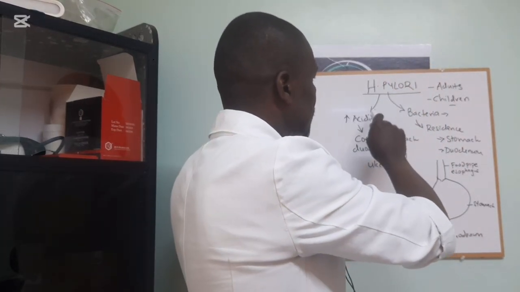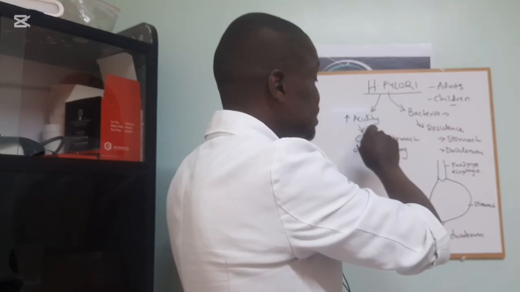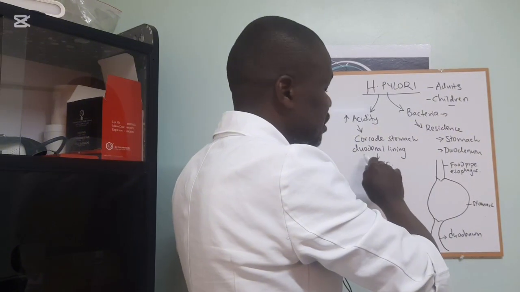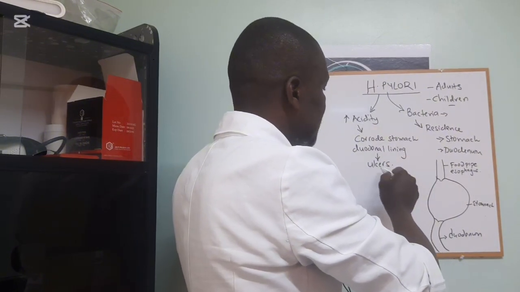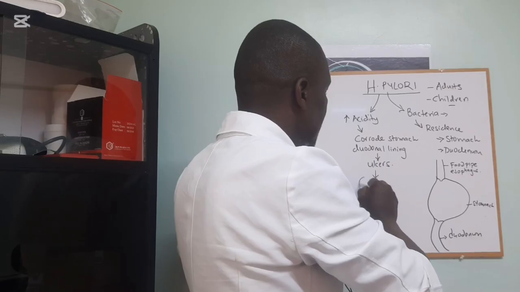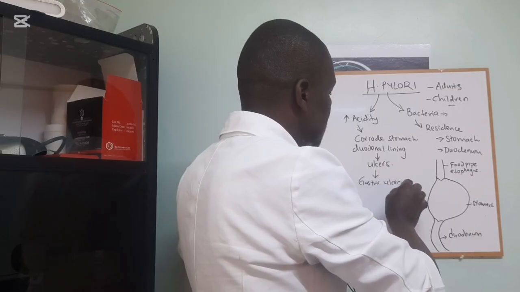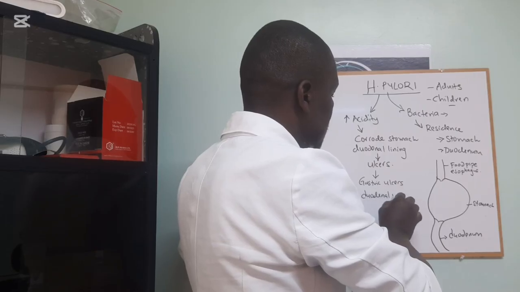So, when H. pylori occurs, it leads to an increase in the acidity levels. Then it corrodes the stomach lining or the duodenal lining, leading to ulcers. And so you are going to have either gastric ulcers or duodenal ulcers.